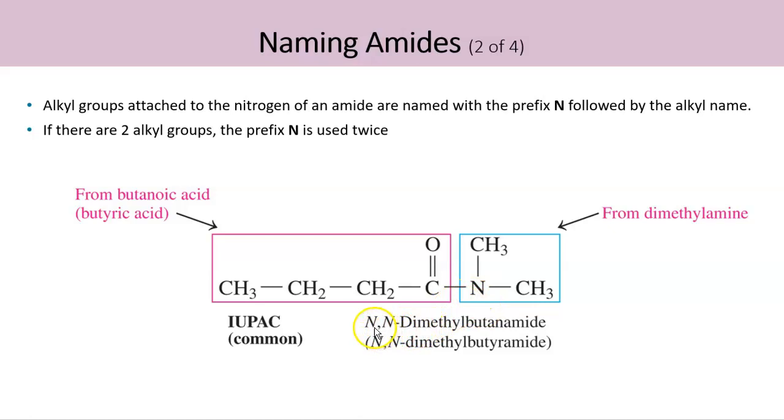So the name would be N,N-dimethylbutanamide, with no spaces in between dimethyl and butanamide. The common name would be N,N-dimethylbutyramide. So this is how you will name an amide with alkyl groups connected to the nitrogen atom.